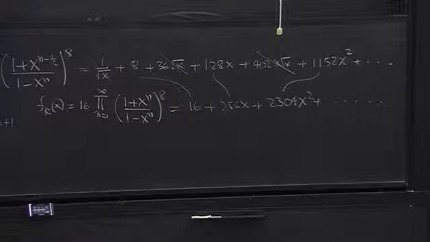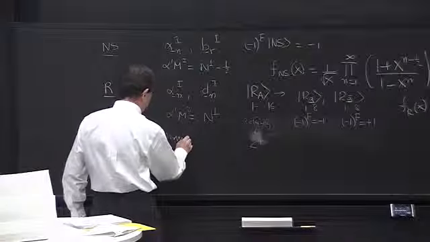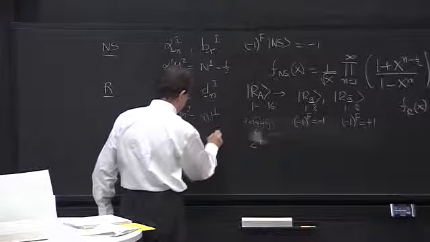So we are going to do that because this (-1)^F, the fermion number, commutes with the Hamiltonian.